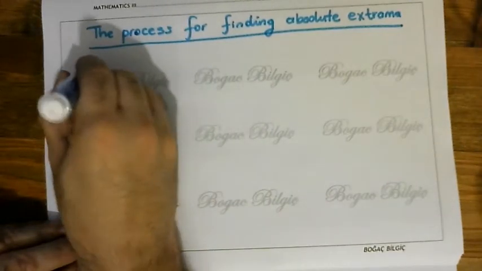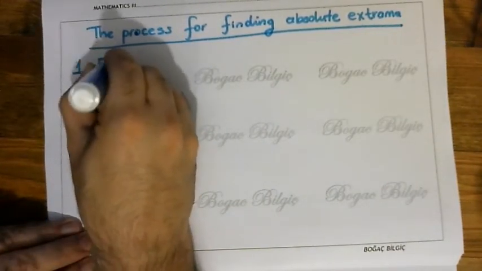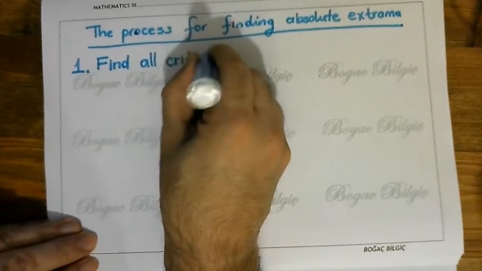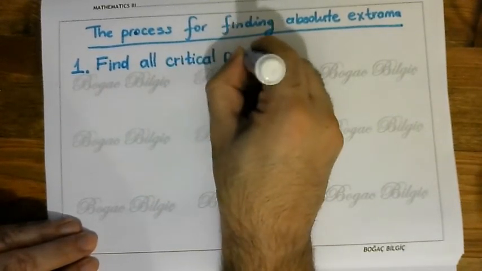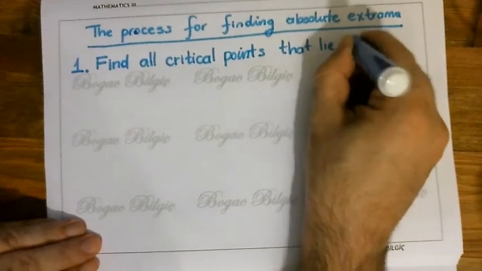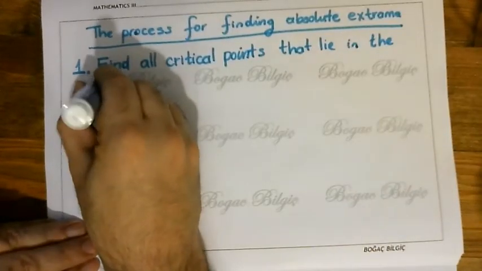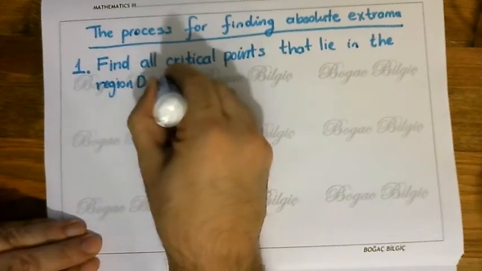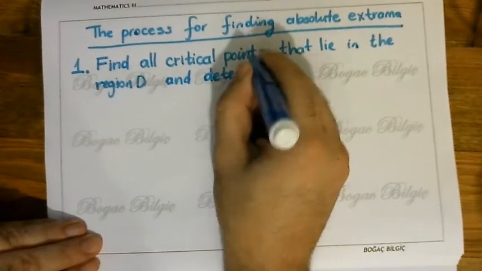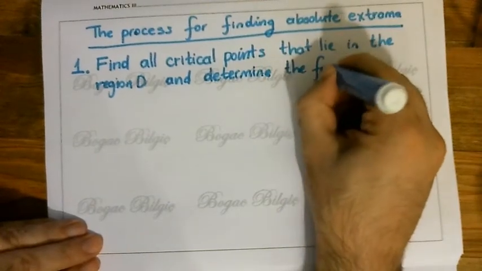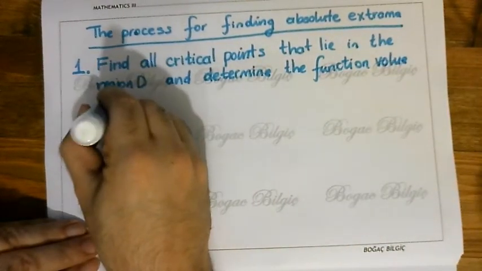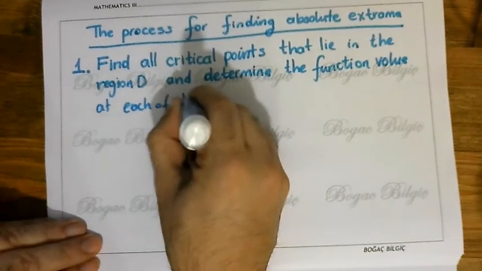First step, find all critical points that lie in the region D and determine the function value at each of these points.